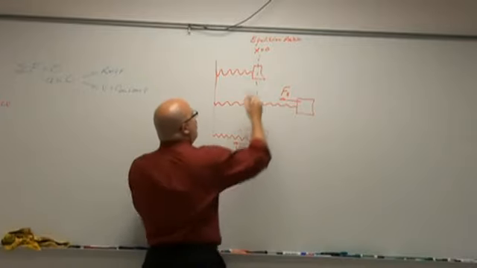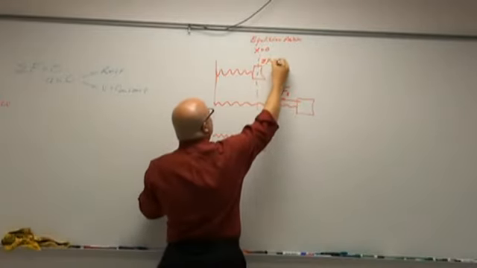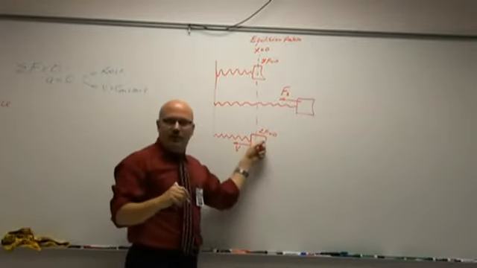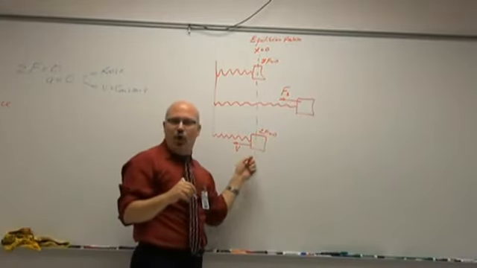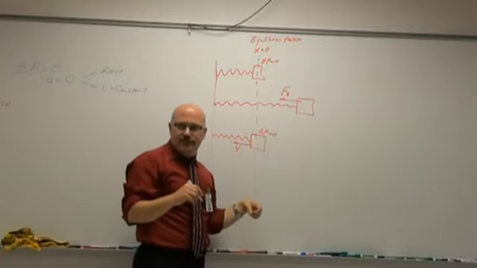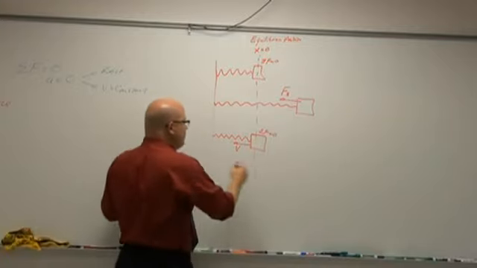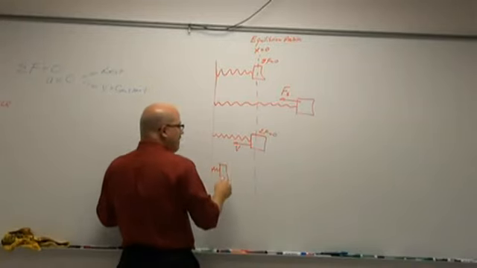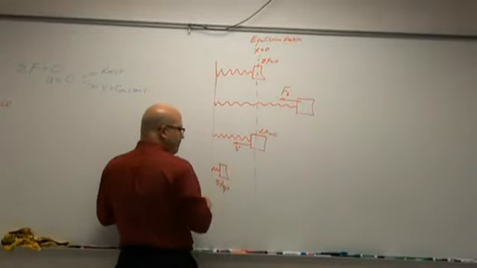So right here, all the forces add up to 0. So there's no acceleration, but it's moving, so it overshoots this spot. This is the equilibrium position. It overshoots, and then it compresses the spring over here, and it eventually comes to a stop.